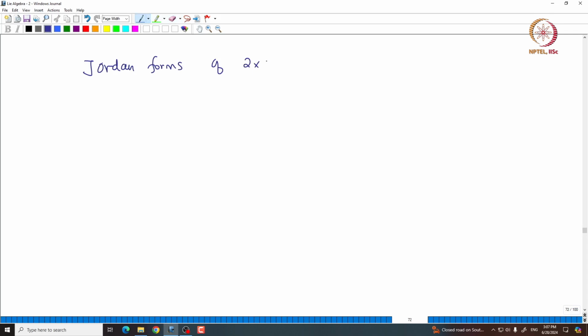We may have two distinct eigenvalues. In that case, it will be diagonalizable, so it will be similar to the diagonal matrix A 0 0 B. This is the first case, A 0 0 B, which is diagonalizable.